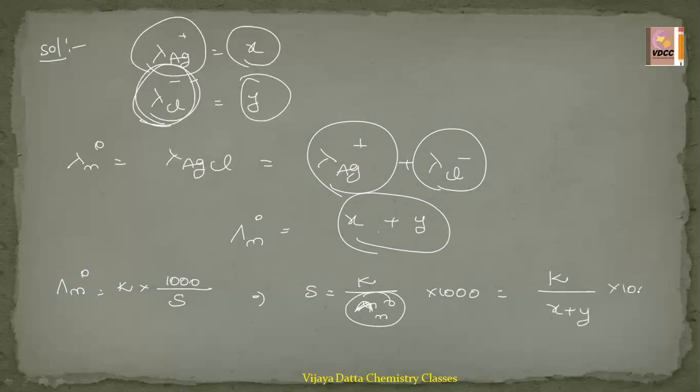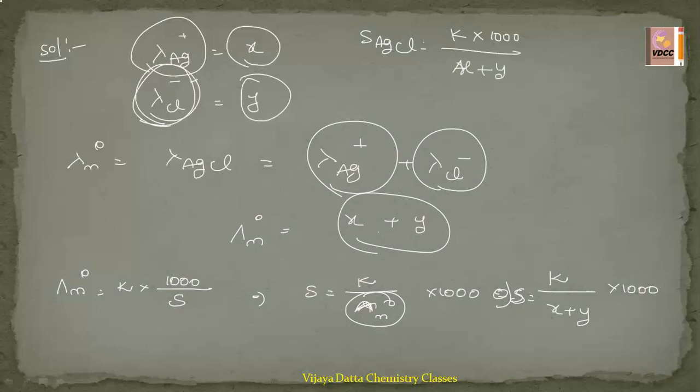This is called the S value. But actually he asked for the solubility of AgCl only, which equals kappa into 1000 by x plus y.